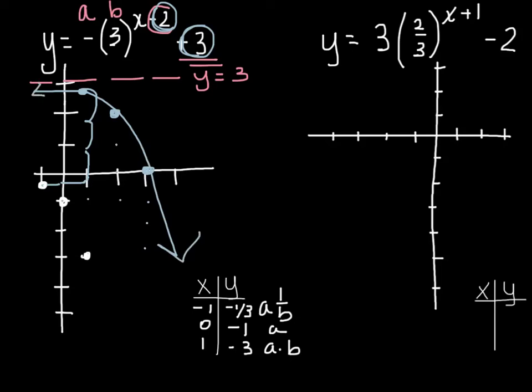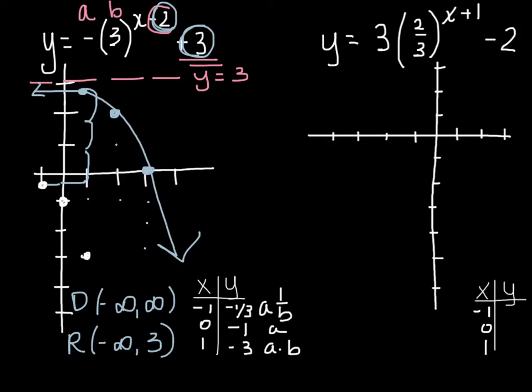Okay, so my domain is negative infinity to positive infinity, and range is from negative infinity to positive 3 this time, but does not include it. Same thing over here, real quick. We're going to do negative 1, 0, and 1. If I plug in negative 1, I'm ignoring the h and the k right now.